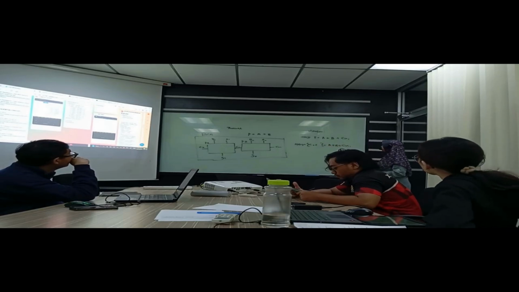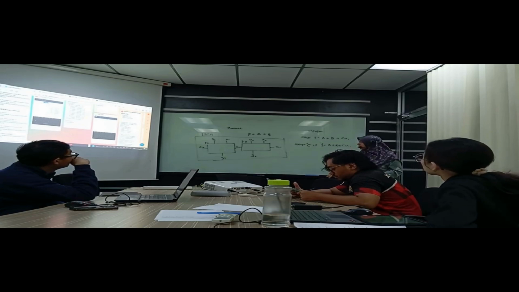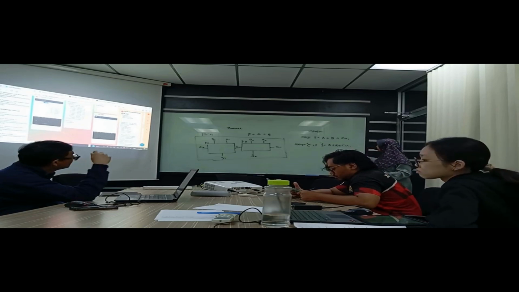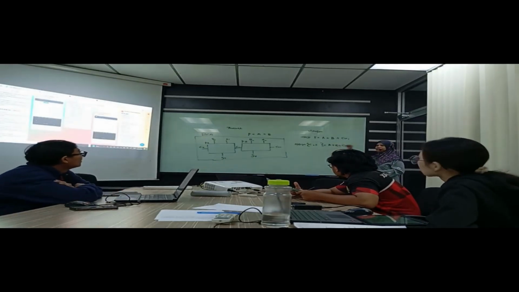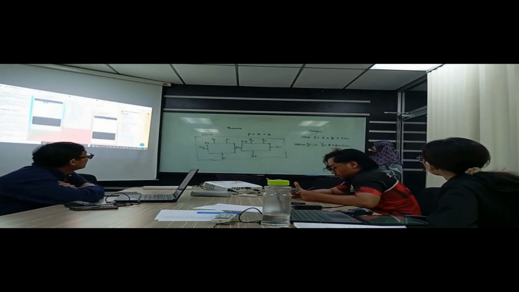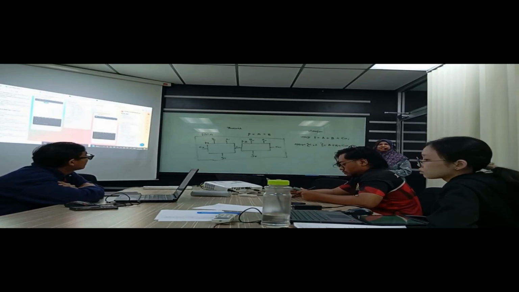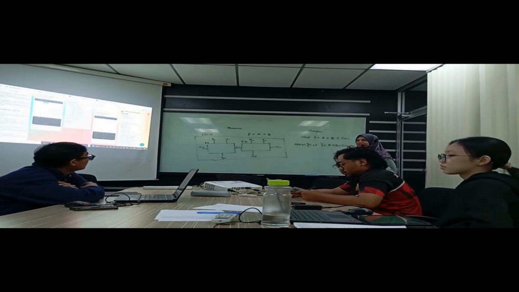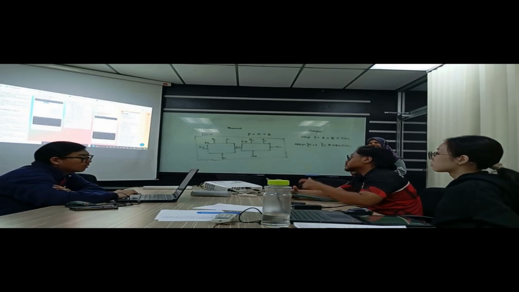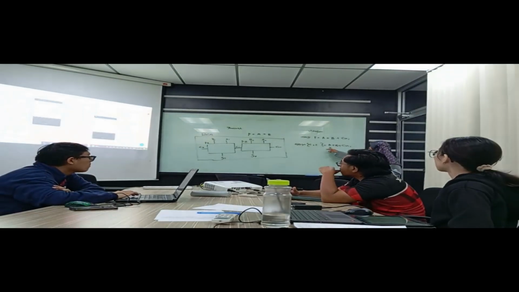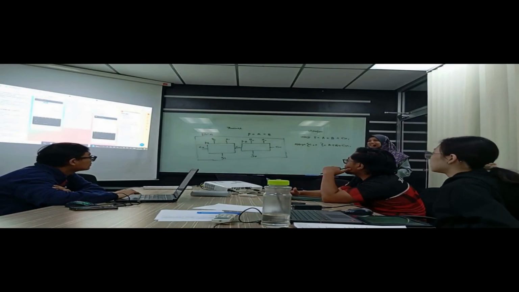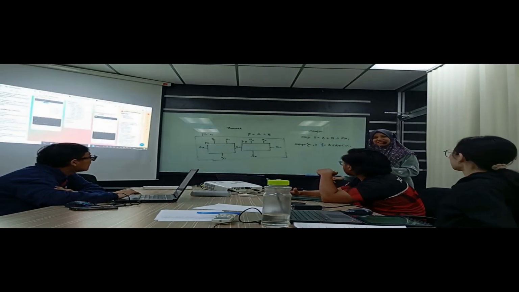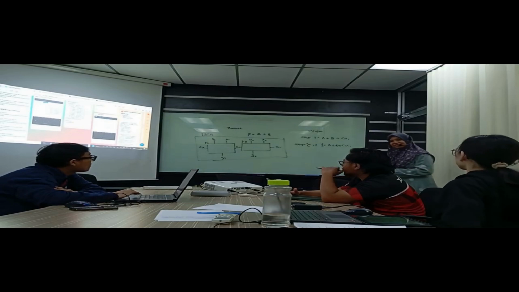Another modification, if you want, what else? Najmi, what else do you think? This one is not in the same bit. This is 4 bit, and Cin is 1 bit. What can you do? Concatenate as well.